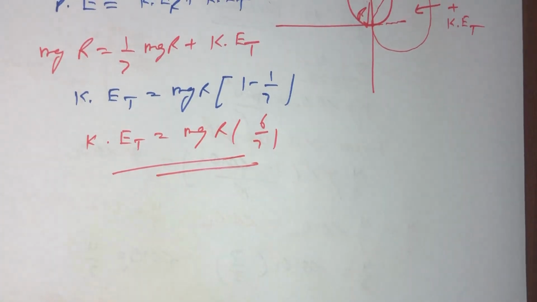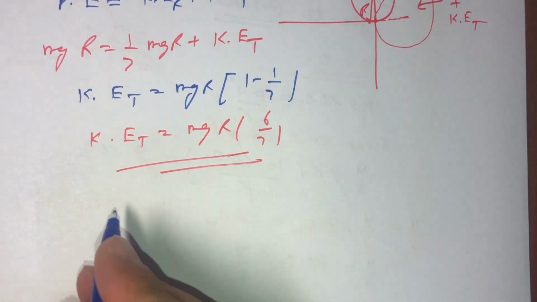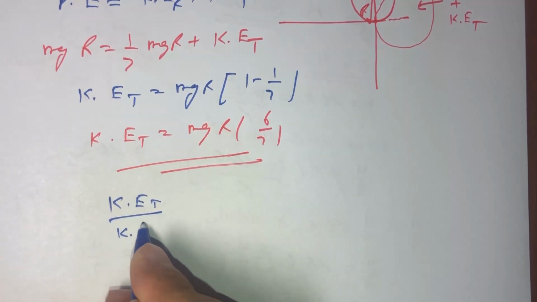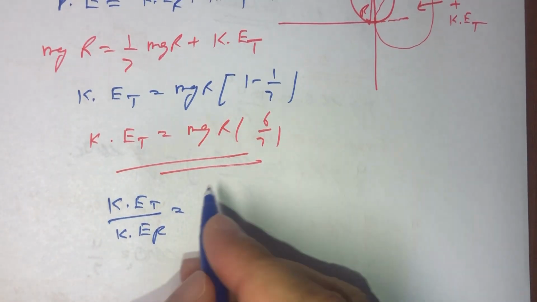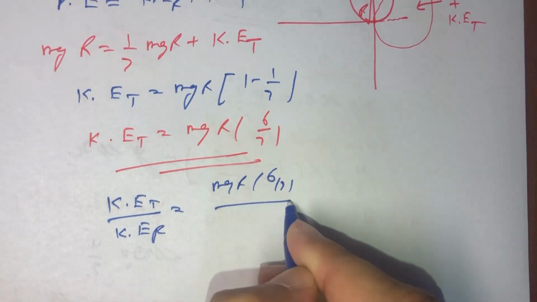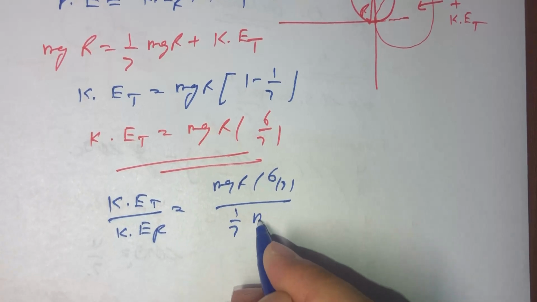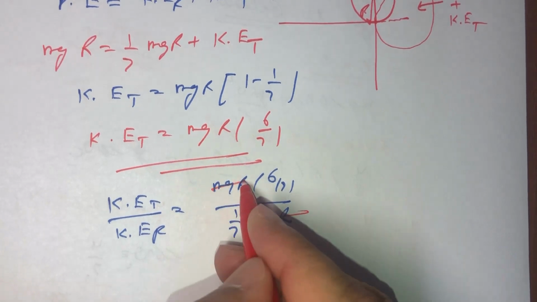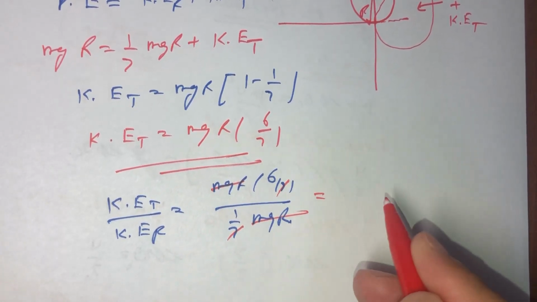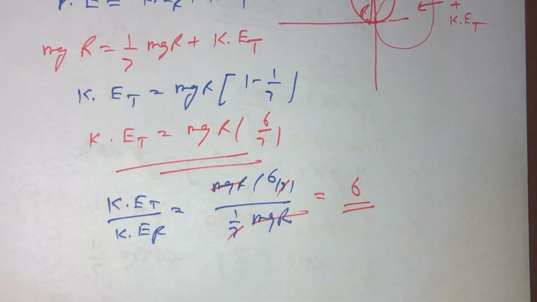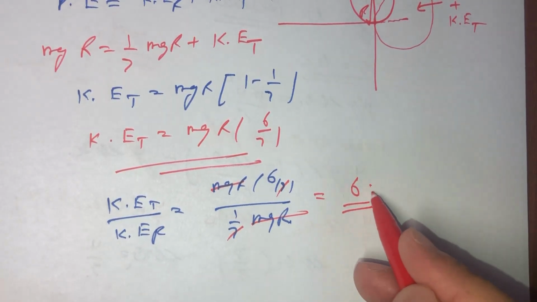So we have to find out the ratio: kinetic energy translational over kinetic energy rotational is mgr 6 by 7 over 1 by 7 mgr. mgr and 7 cancel out, this comes as equal to 6. So the ratio is 6:1.